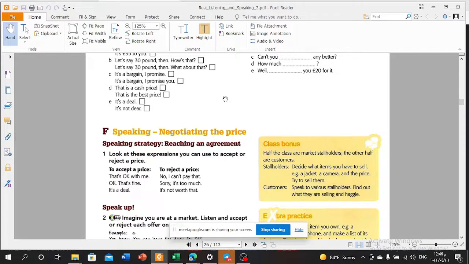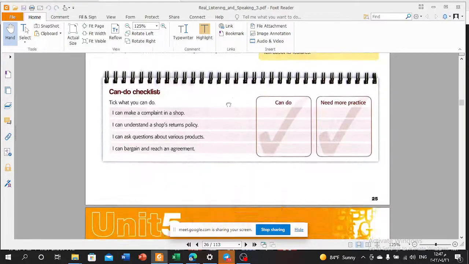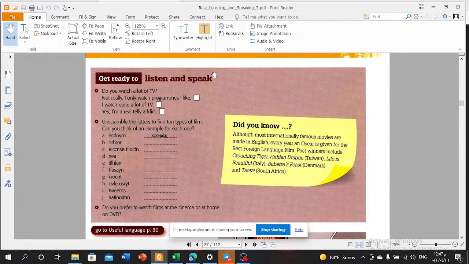So these are expressions used to either accept a price or refuse to accept it. You can accept it by saying that's okay with me, or reject it by saying no, I can't pay that. So these are also two speaking strategies related to how to accept or refuse the price you have been told to pay.